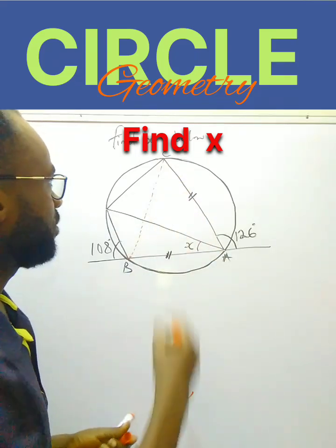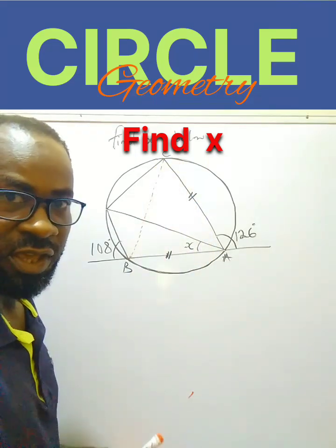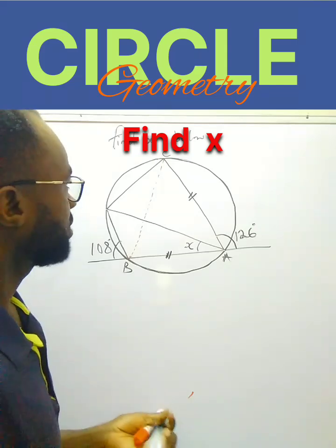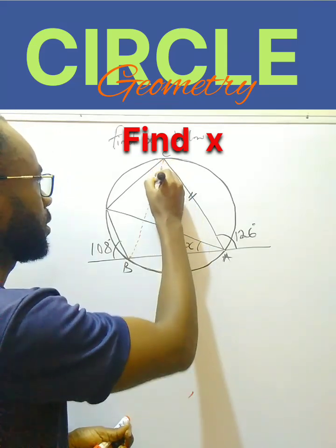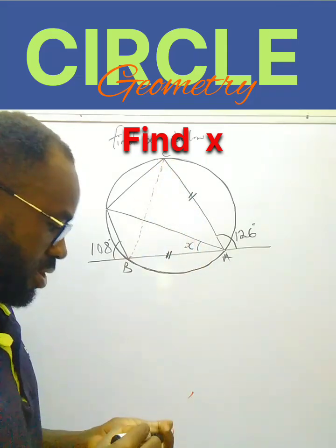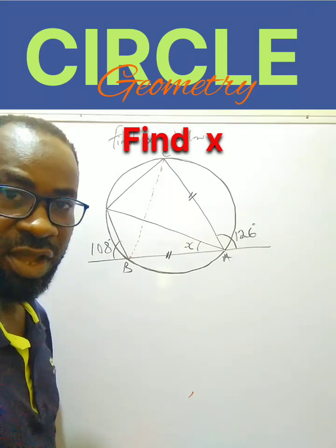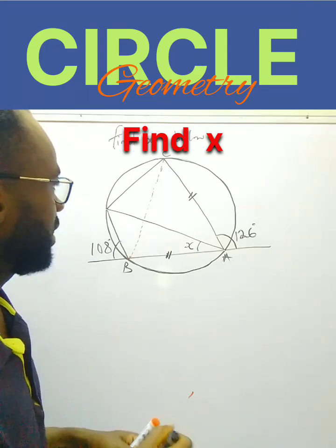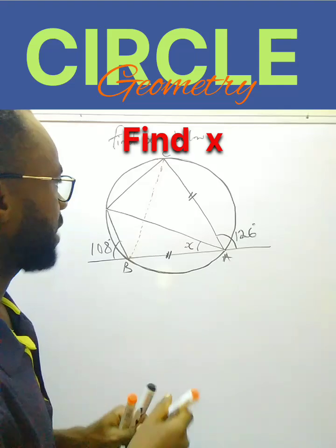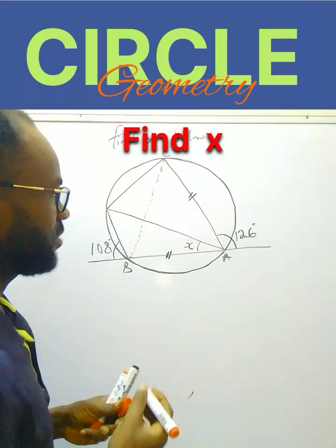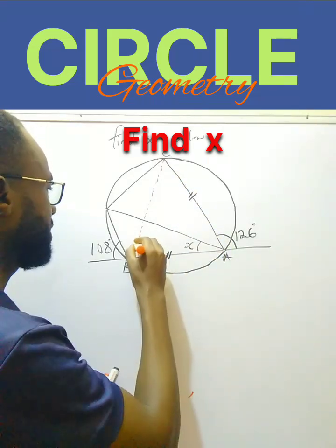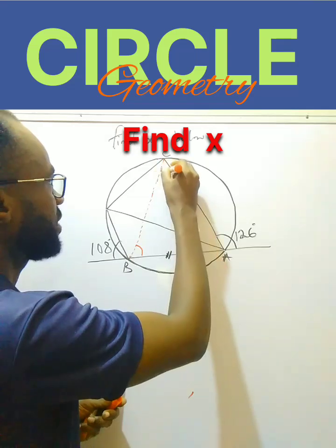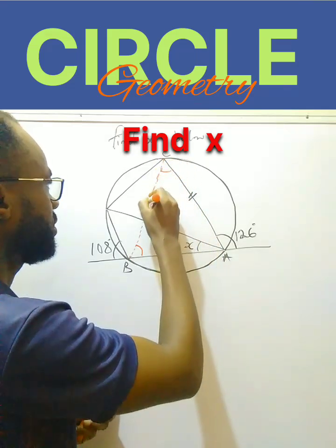By making this simple construction here, I've actually formed a triangle, so that we know that for an isosceles triangle, the base angles are equal, which means that this angle here and this angle here should be what?